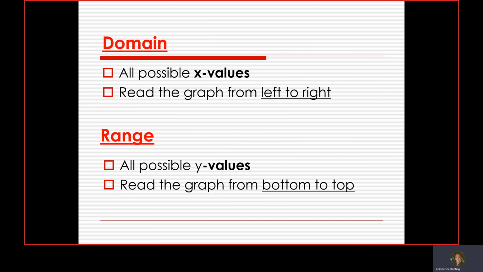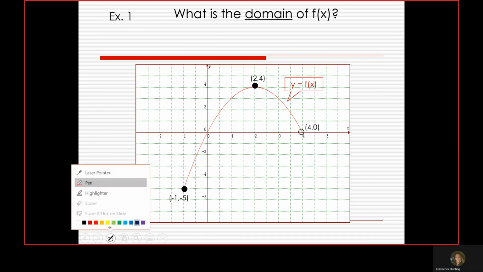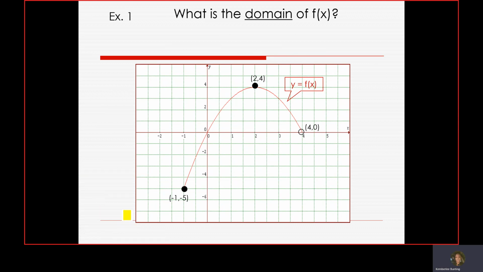All right, let's do one. Look at this. We're gonna figure out the domain of this graph. Now remember, the domain is read from left to right. What is the furthest most left point on this graph? You've got to think about it from side to side. I see a point here, and it ends over here.